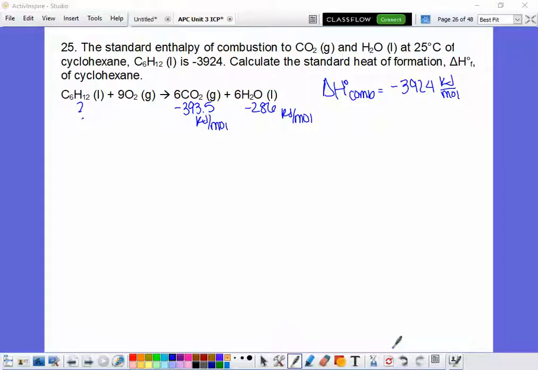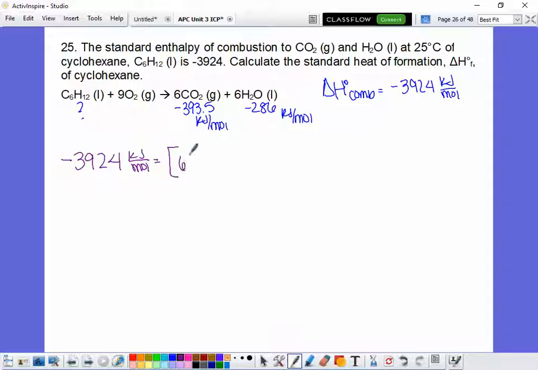Now that you've had a chance to do this calculation, let's set it up just to make sure we're all on the same track. Delta H is our answer, so negative 3,924 kilojoules per mole. Products minus reactants.